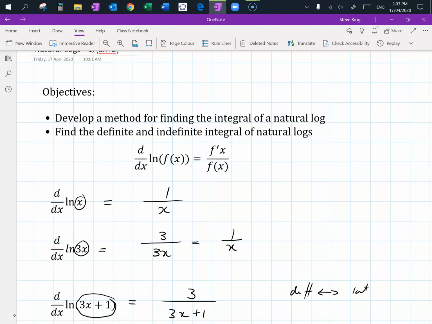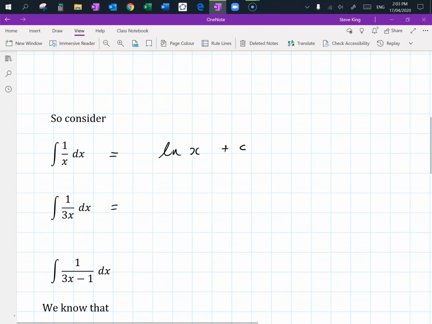That was the answer when we derived a natural log. Now, in this particular situation over here, the top isn't the derivative of the bottom. However, I can manipulate that. I could say that my top is going to be a third times 3 over 3x dx.